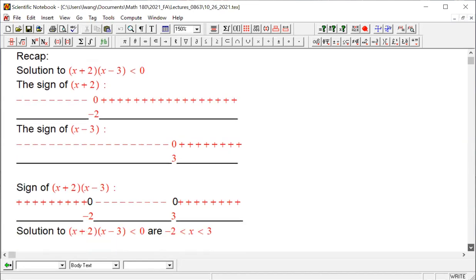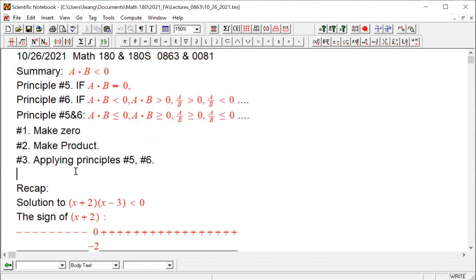Solving inequalities is about sign. It's about the sign of the factors in this case and the sign of the product. It's all about sign.